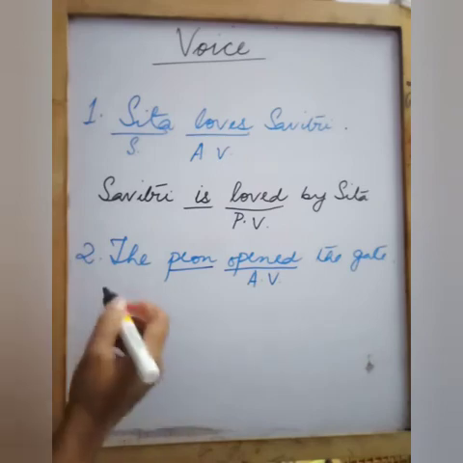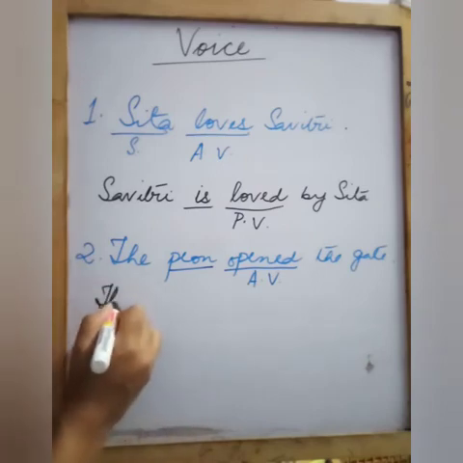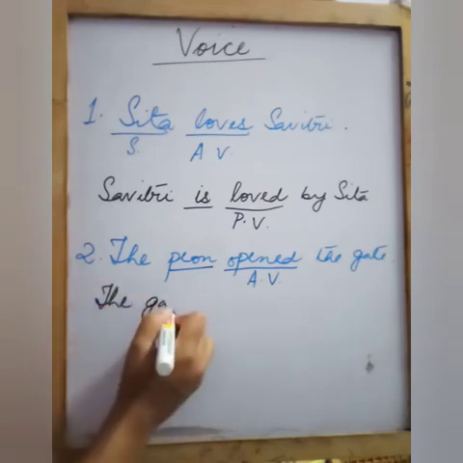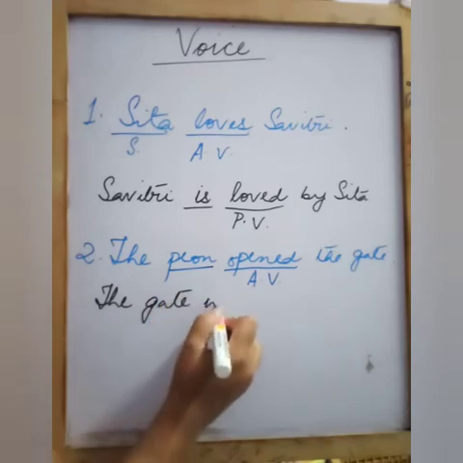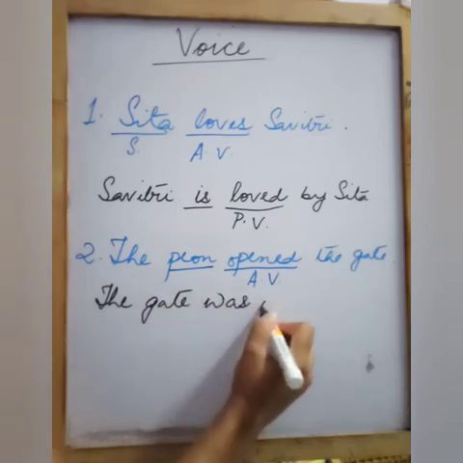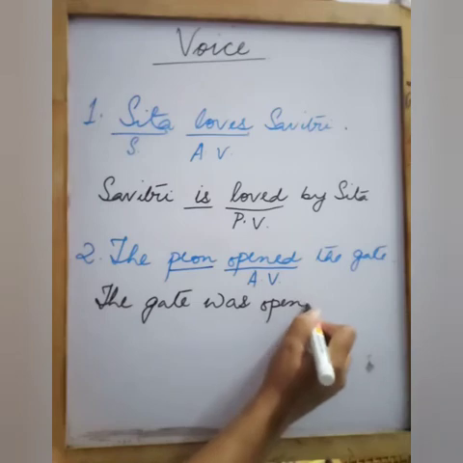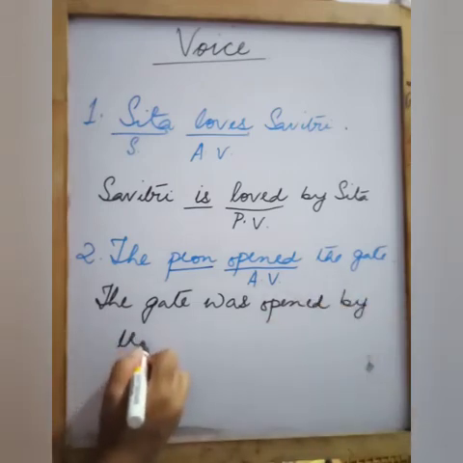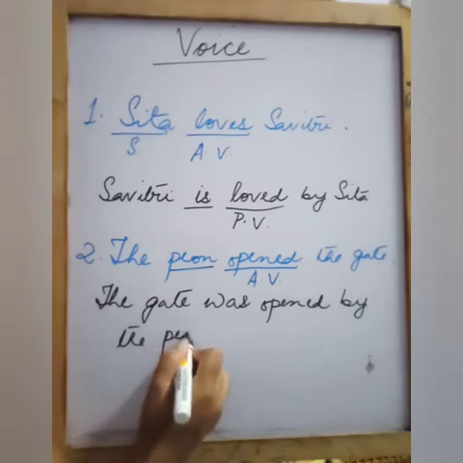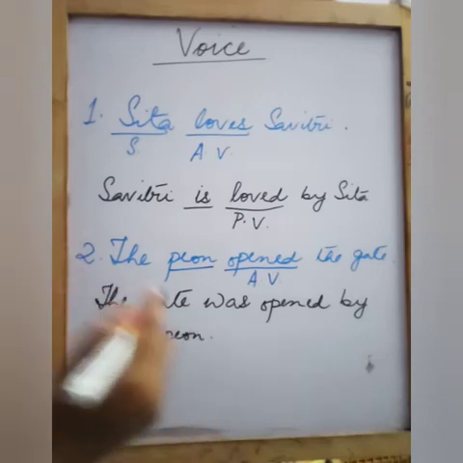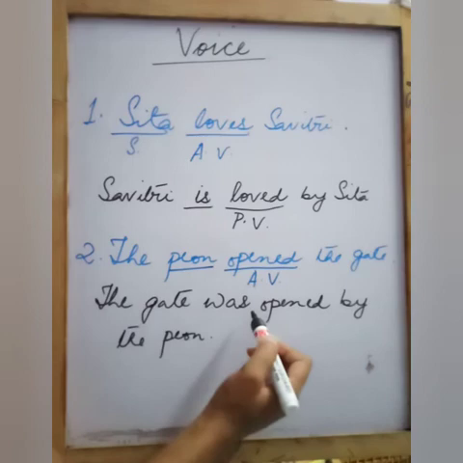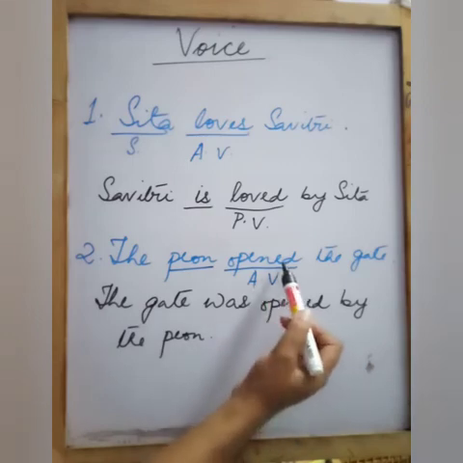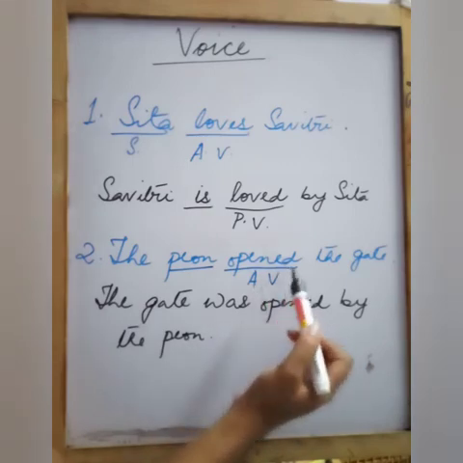Let's see. The gate was opened by the peon. Fine. Now don't make the mistake of writing the gate is opened, because here in the sentence it will be was.